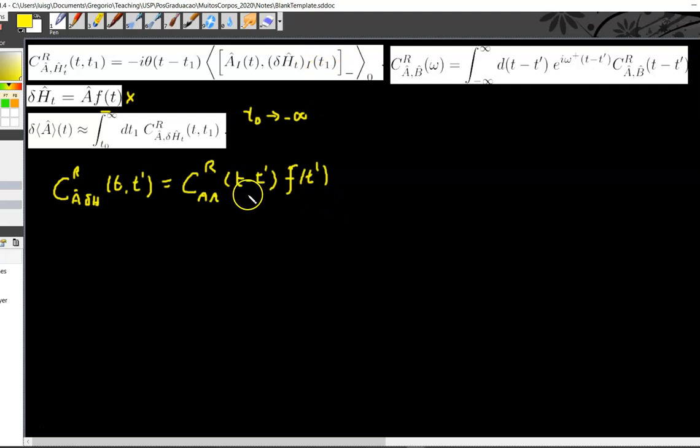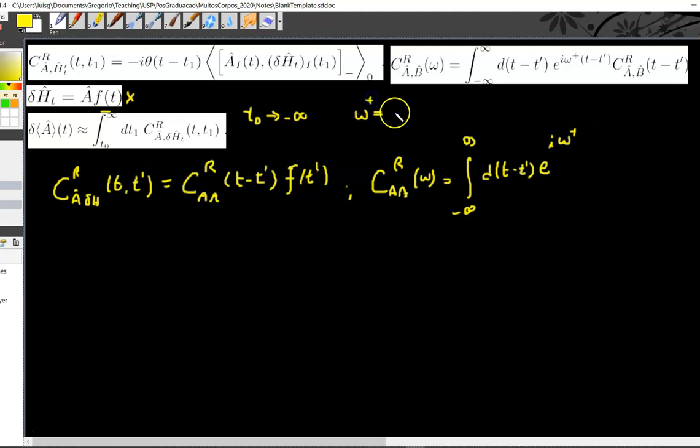Now we take the Fourier transform. So I know that I can have C_AA(omega) equals the integral from minus infinity to infinity of d(t minus t prime) e^(i omega plus (t minus t prime)), and remember omega plus is omega plus this small imaginary part.